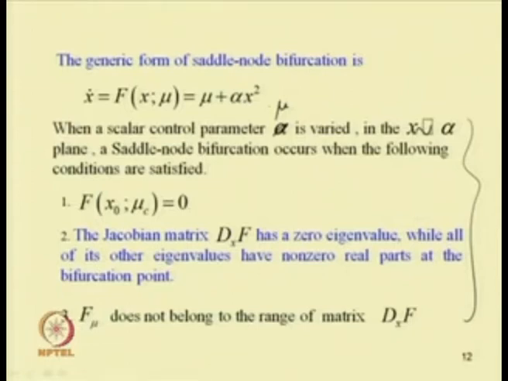Also, the Jacobian matrix has a 0 eigenvalue, while all of its other eigenvalues have non-zero real parts at the bifurcation point, and this f mu does not belong to the range. One has to note this point: f mu does not belong to the range of the matrix dxf. So, in case of a saddle node bifurcation point, f mu does not belong to the range of dxf, while in case of the other two types of static bifurcation point, it should belong to the range of dxf.